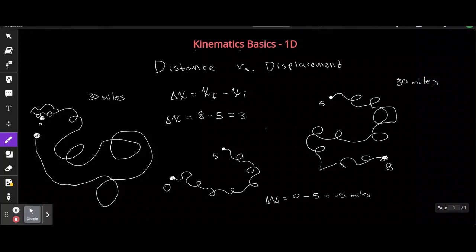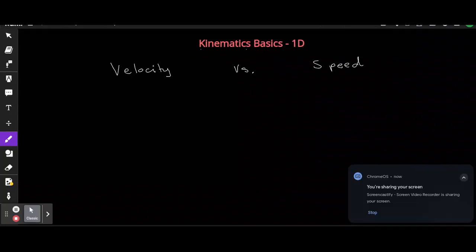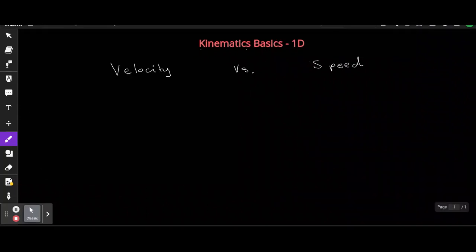Usually distance and displacement are in meters, but in this case, since I started off with miles, I'm keeping that consistent. Another commonly mistaken vector versus scalar quantity is velocity versus speed. Velocity is the measure of displacement over the change in time.